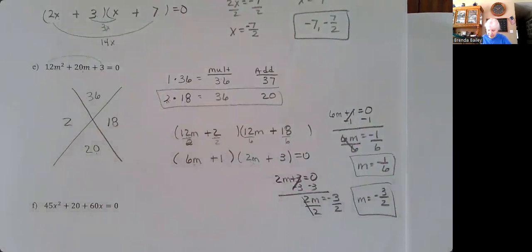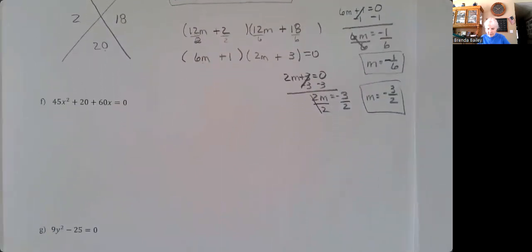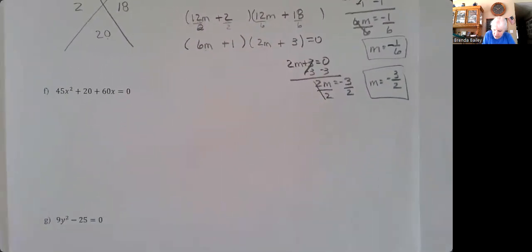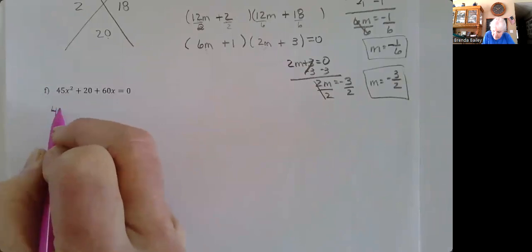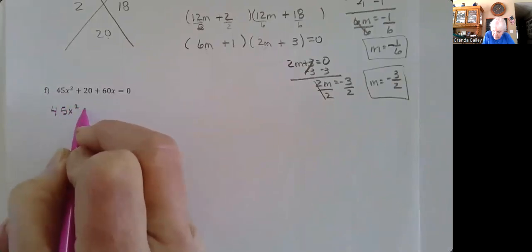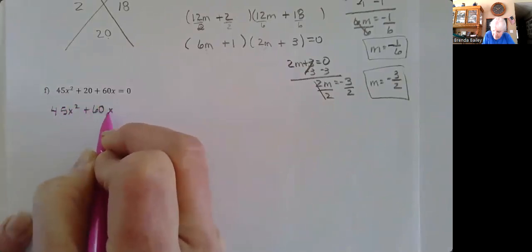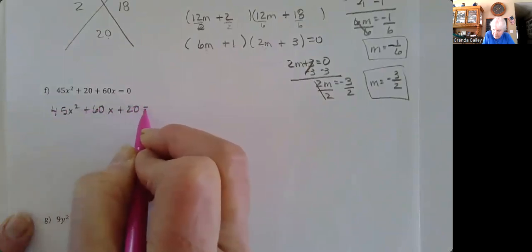Let's go ahead and look at the next one. That's a negative. It's kind of hard to see. Now this one's set equal to 0, but it's not rearranged right. So I'm going to rearrange it. It was already set equal to 0.